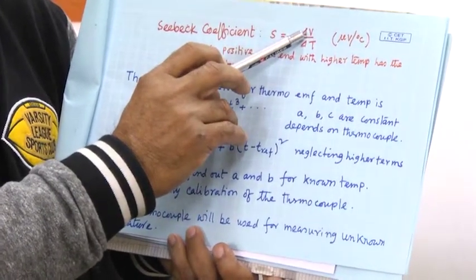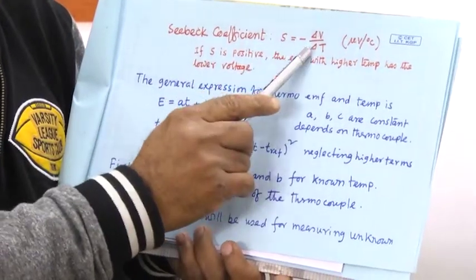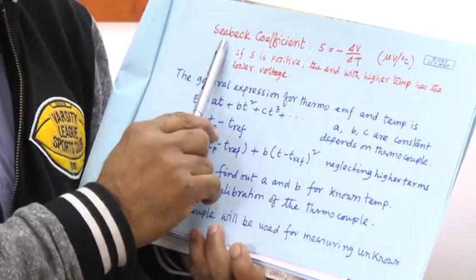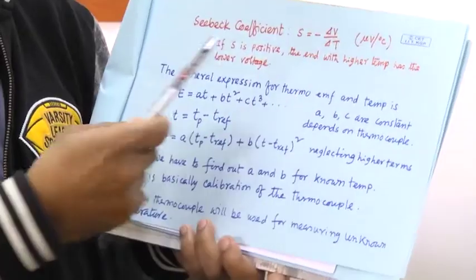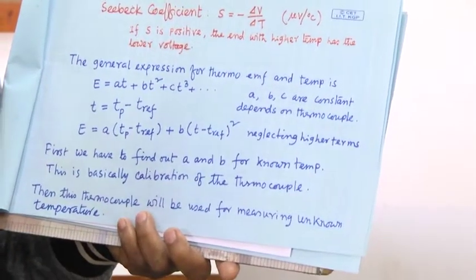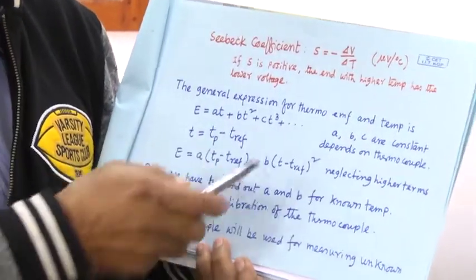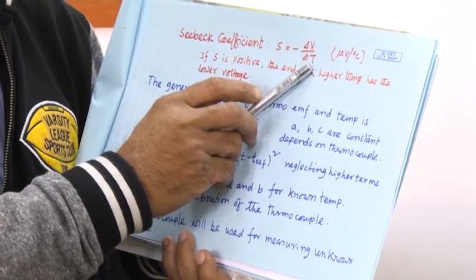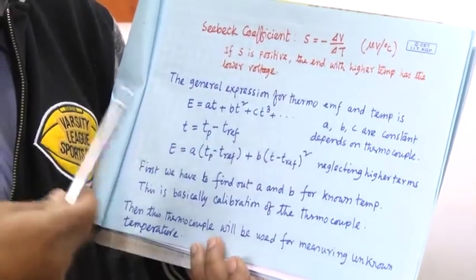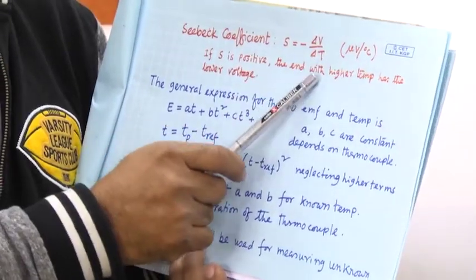Del V is the voltage difference generated because of the temperature difference del T. This Seebeck coefficient also acts as a calibration: for how much temperature difference, what is the voltage generated, for per degree centigrade or per degree Kelvin. One can use that as a calibration factor. So, the Seebeck coefficient is basically a calibration factor.